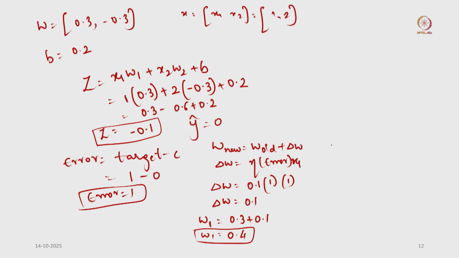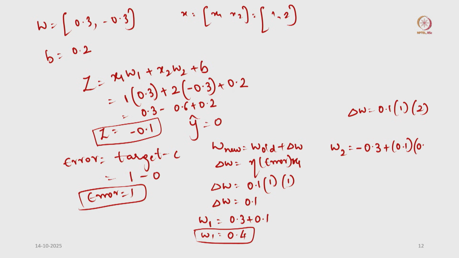In a similar way, let us calculate W2. Since you are now familiarized, I am directly solving the W2 value. The old W2 value is minus 0.3, the learning rate is 0.1, the error is 1, and the input is 2.